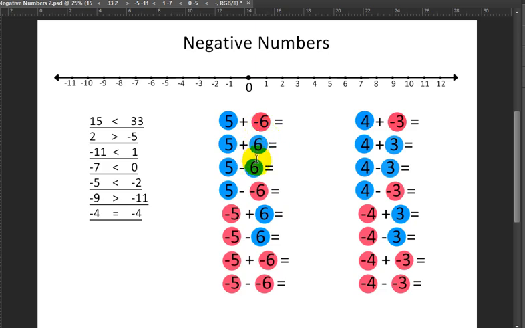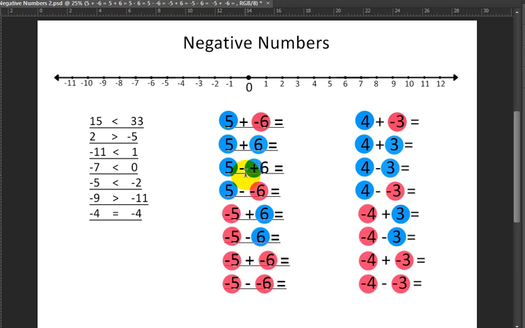Again, I want to remind you that if the numbers do not have a sign in front of them, so here, for example, the 5 has no sign in front of it, it's like there's a plus. It is implied that the number is positive. So here, even though the 6 has a minus in front of it, that's just showing us what operation we're doing. It's not telling us that 6 is a negative number.